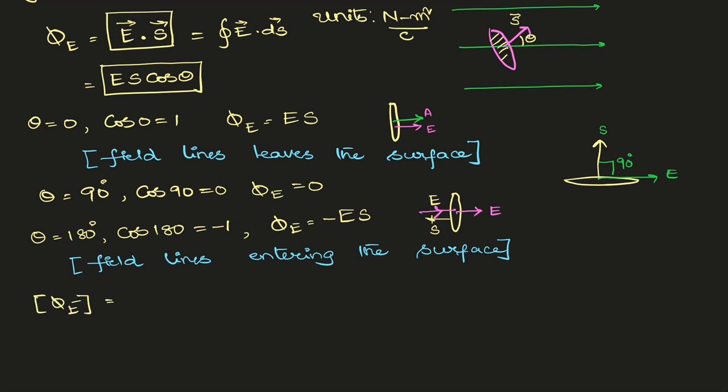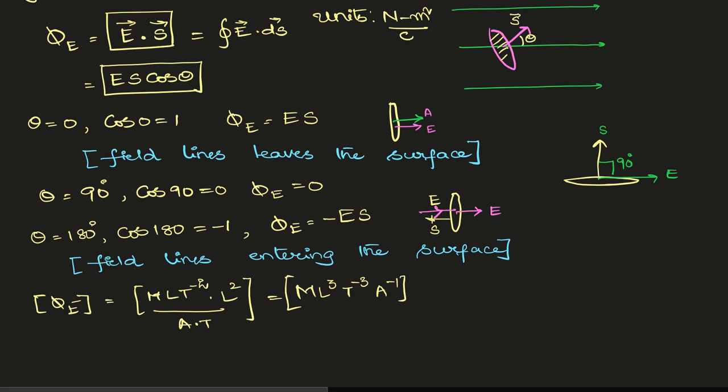Newton means M L T to the power of minus 2, meter square means L square, divided by Coulomb, which means ampere into time. So this will be equal to M L cube T to the power of minus 3 A to the power of minus 1. This is the corresponding dimensional formula for electric flux.